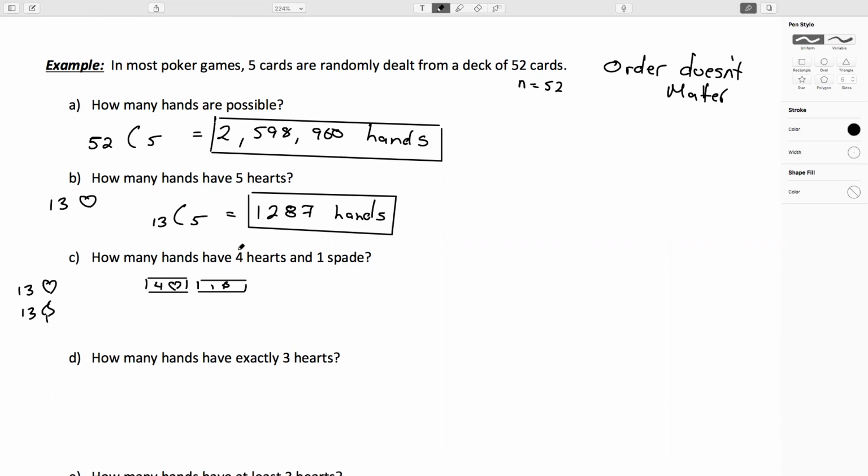If we have 13 of each suit, the way to get 4 hearts is there's 13 choose 4 ways to do that. And the number of ways to get 1 spade is going to be 13 choose 1. This is going to work out to 9,295 hands.